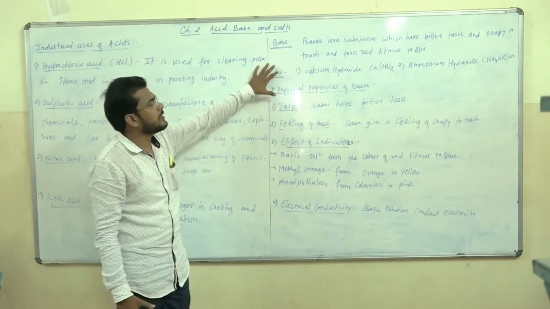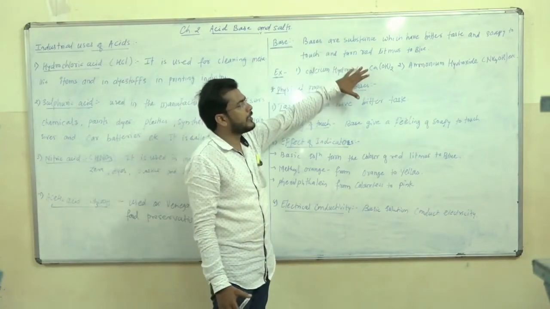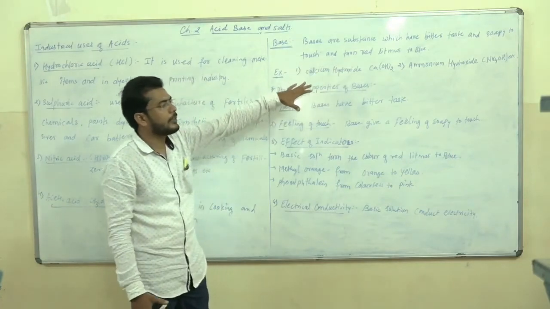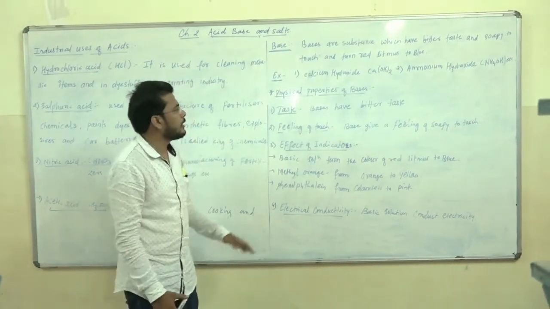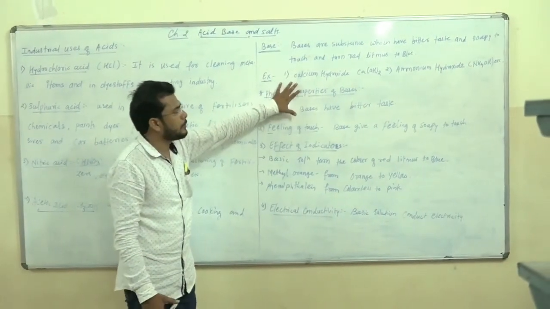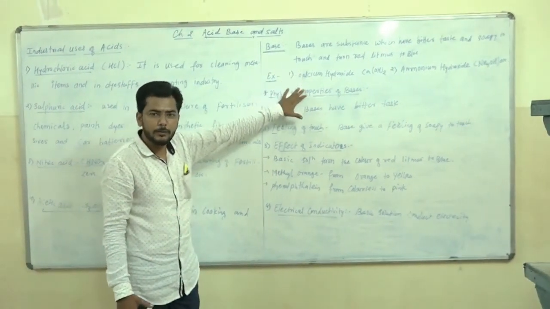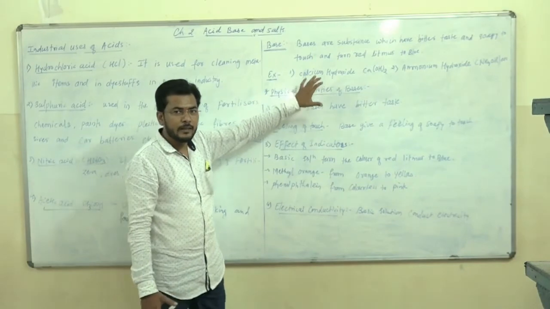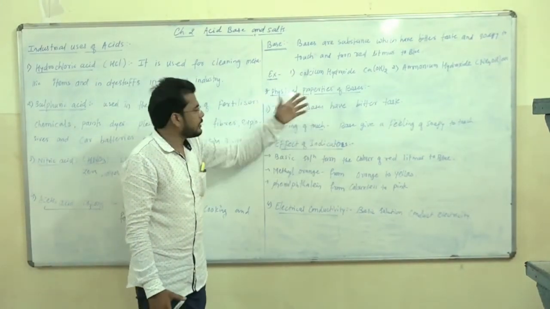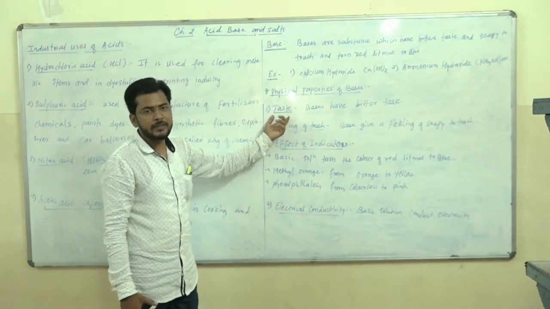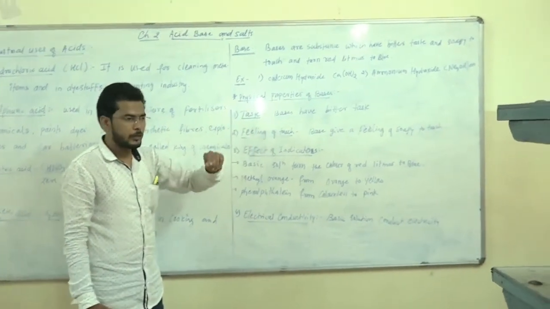Bases are substances which have a bitter taste, are soapy to touch, and turn red litmus to blue. We have seen this practically also. Examples are calcium hydroxide, ammonium hydroxide, potassium hydroxide and magnesium hydroxide. Physical properties of bases: first, taste, bitter; feeling of touch, soapy.